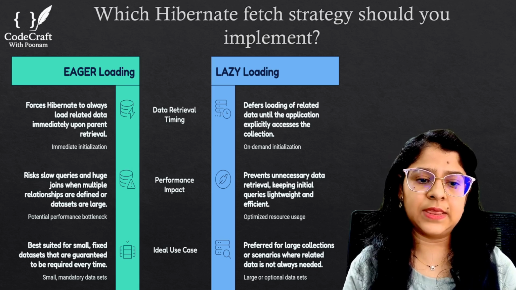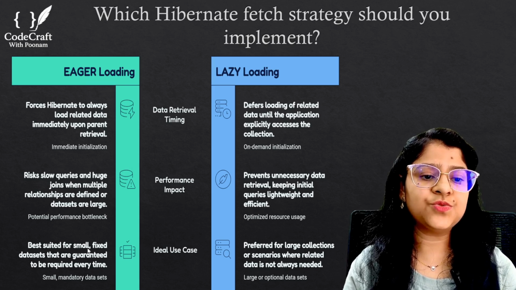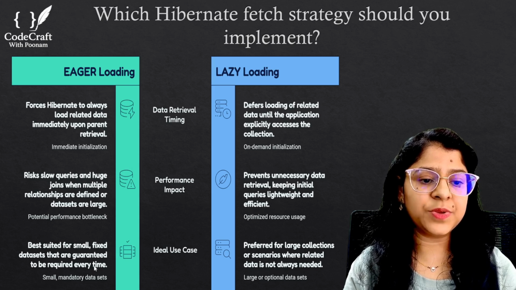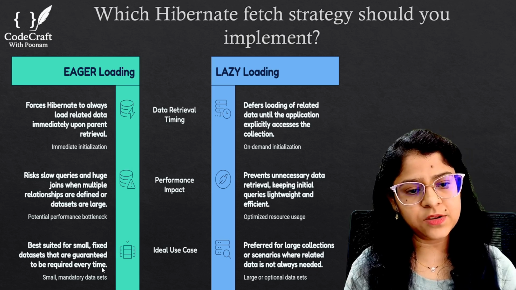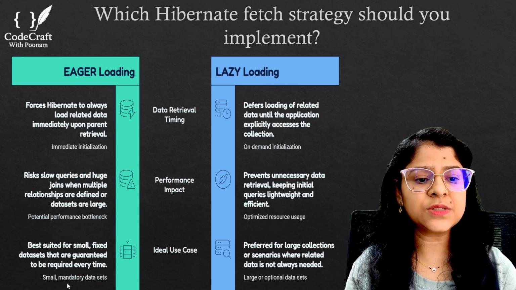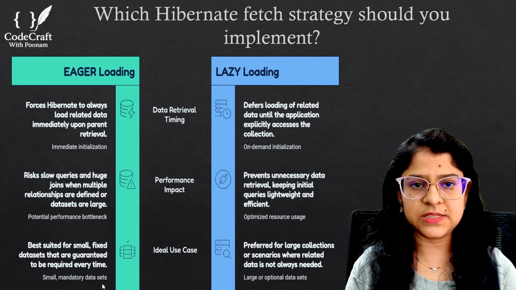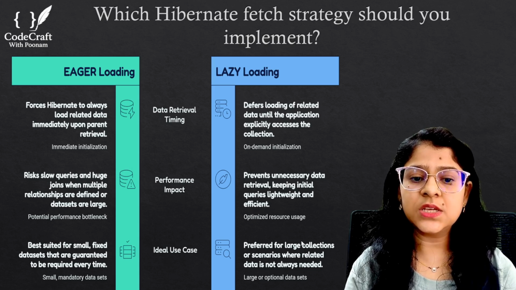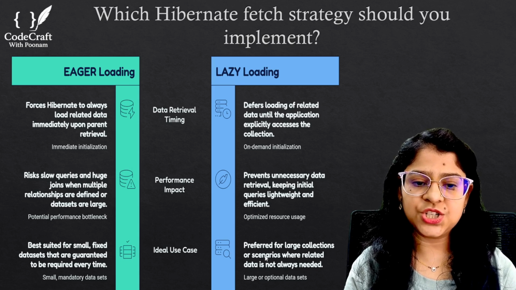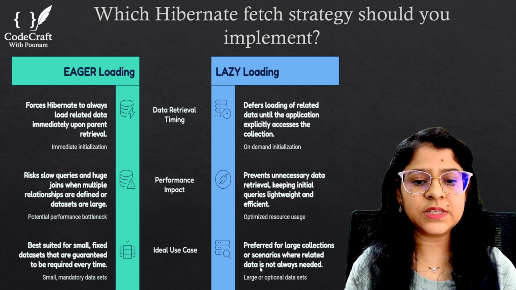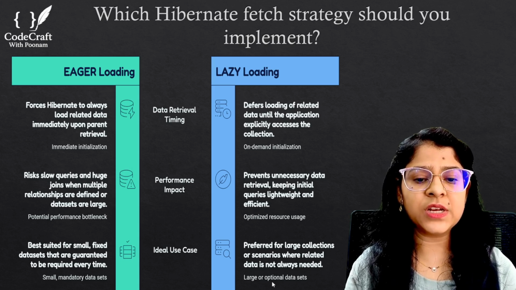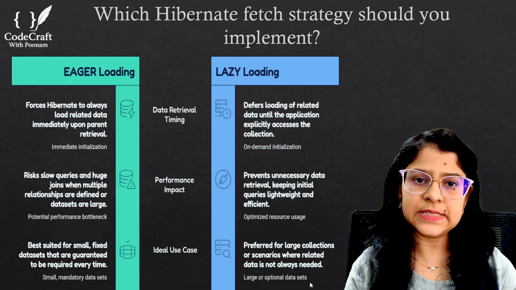And then coming to the ideal use case, eager loading is best suited for small fixed data sets that are guaranteed to be required every time. So use it only when you need small mandatory data sets. And the ideal use case for lazy loading is that it is preferred for large collections or scenarios where related data is not always needed. Use it when you need large or optional data sets.